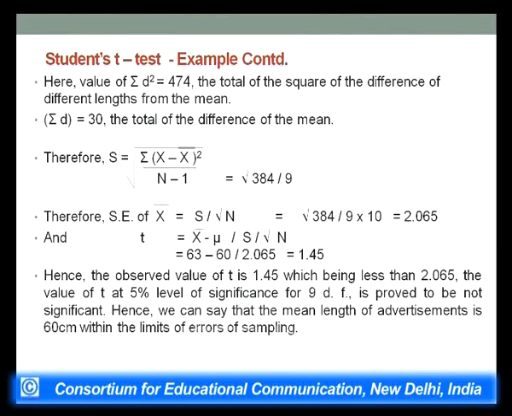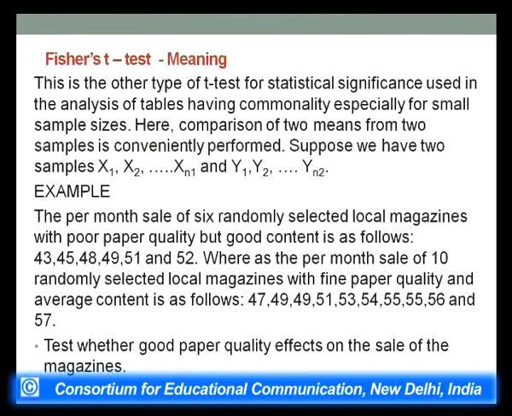So that is the advantage of using the t-test, that you are able to find out whether the assumption which you have taken is proved to be positive or negative. I hope this is clear.